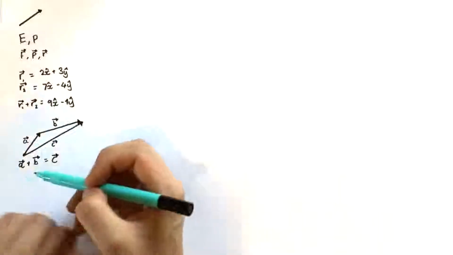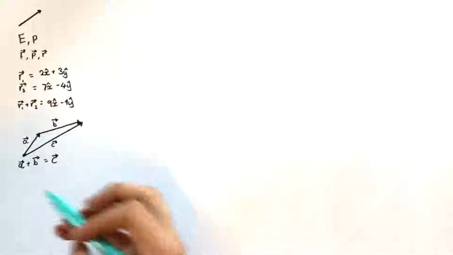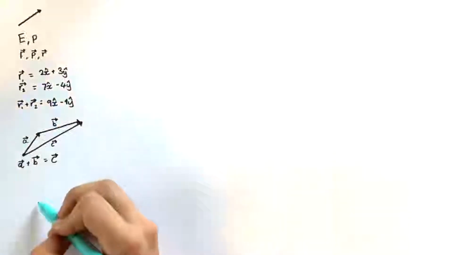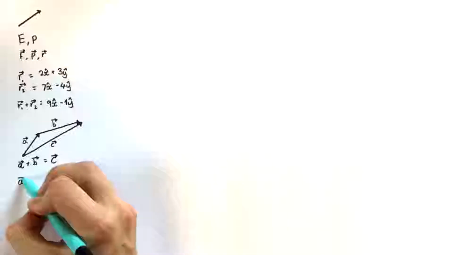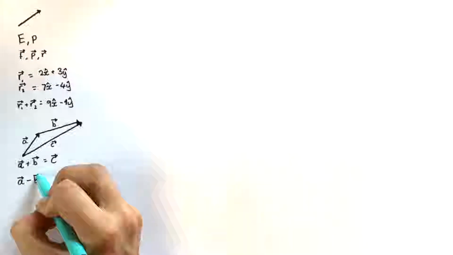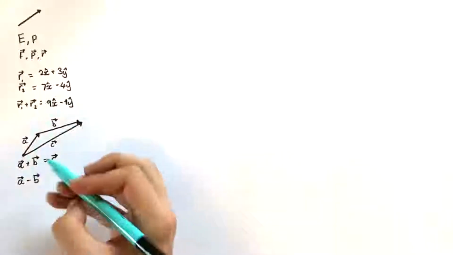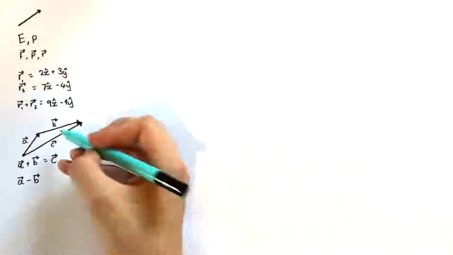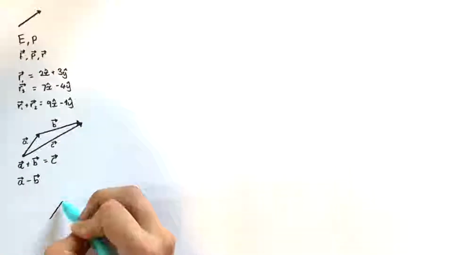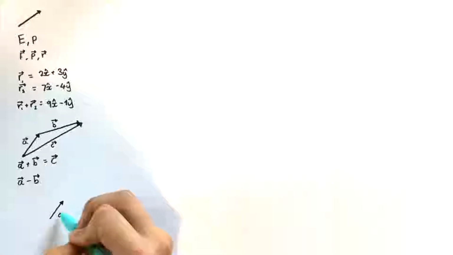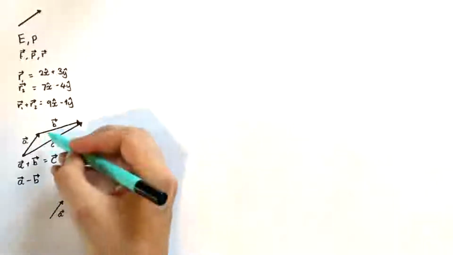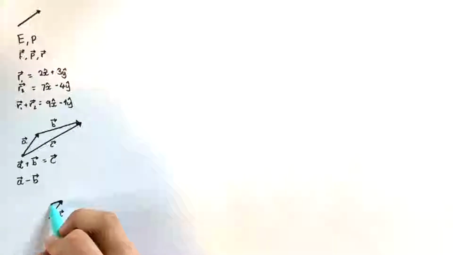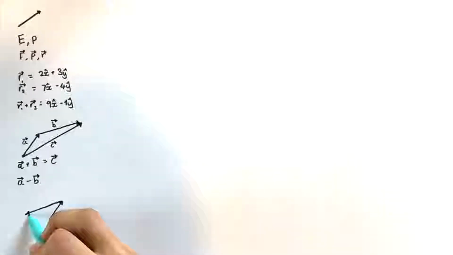And of course, subtracting vectors is pretty similar. A good way to think of subtracting vectors is basically just adding the negatives. Say we want to do A minus B. Instead of adding B, we flip the vector. So here's our A vector, I've drawn it over here for a good reason. Instead of subtracting B, we add the negative of B, and the negative of B is just like that.